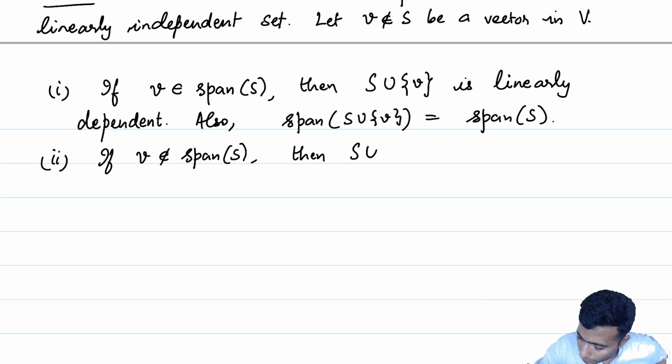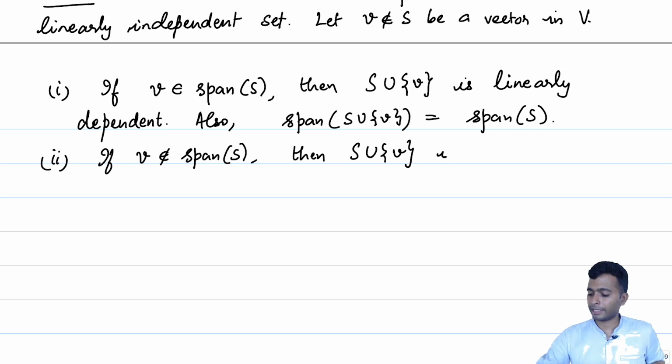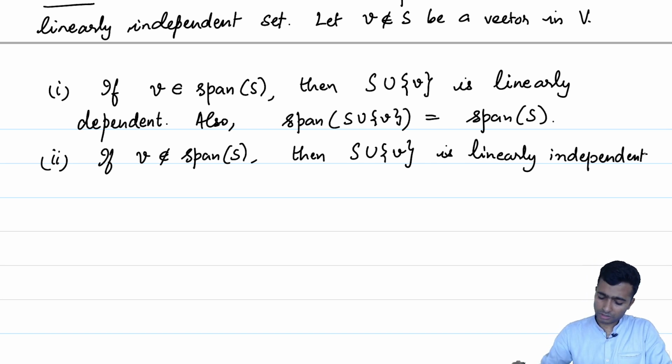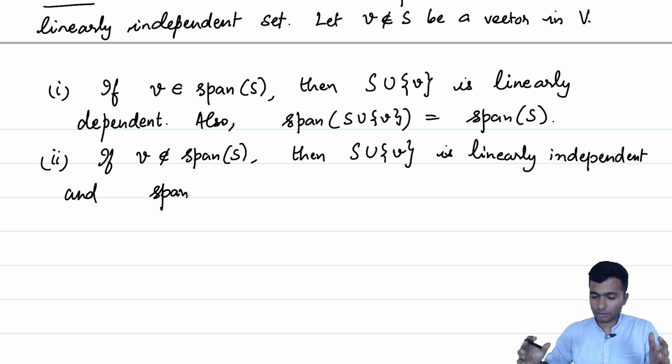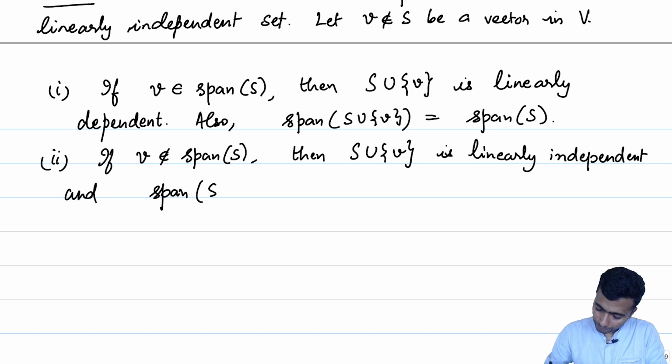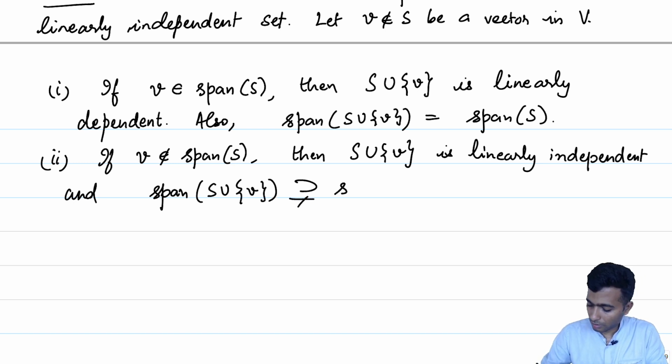Then S union V is linearly independent. Not just linearly independent, also the span of S is a strict subspace of the span of S union V, which contains the span of S.